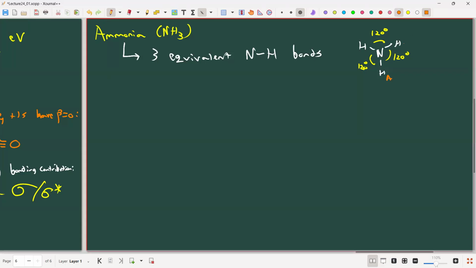So let me call these HA, HB, and HC. And what we're going to do is think about NH3 as combinations of the nitrogen atom plus a combination of our different hydrogen atoms.